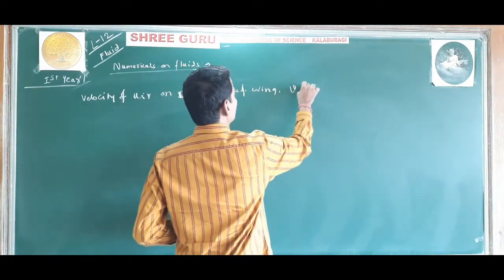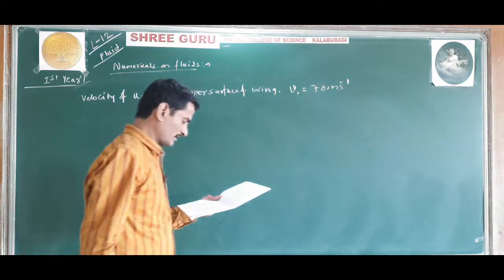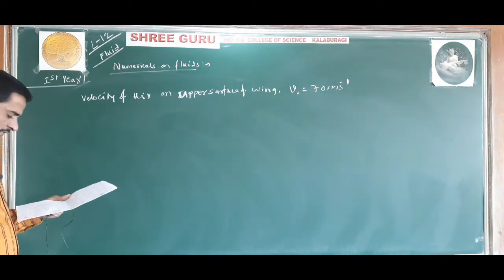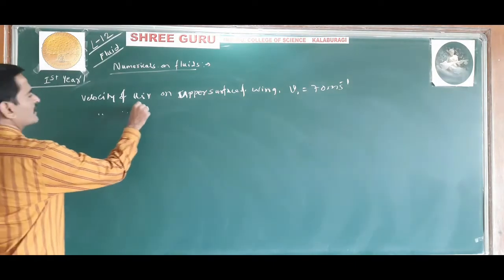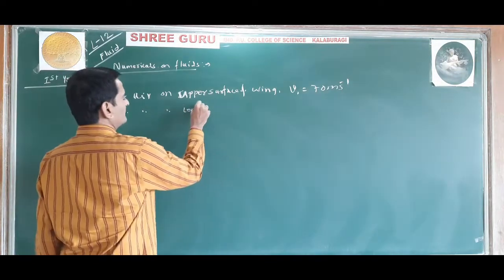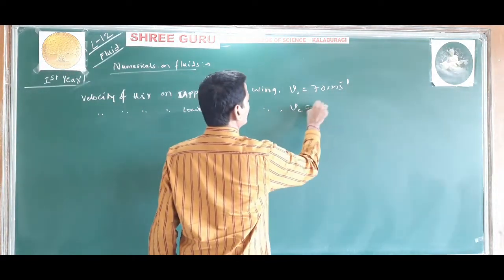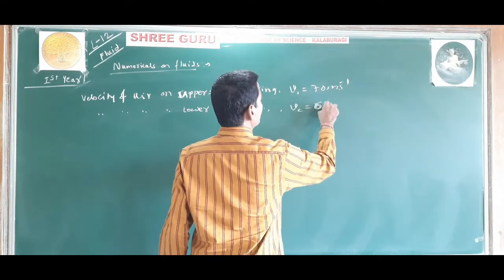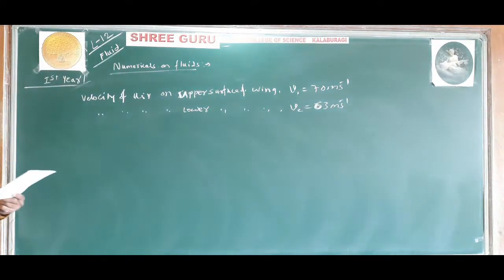I will say it as V1 is equal to 70 meter per second. Velocity of air on lower surface of wing, I will say it as V2, that is equal to 63 meter per second. It is given.